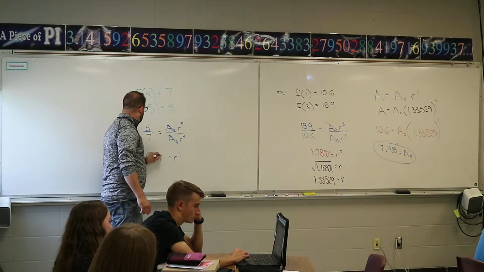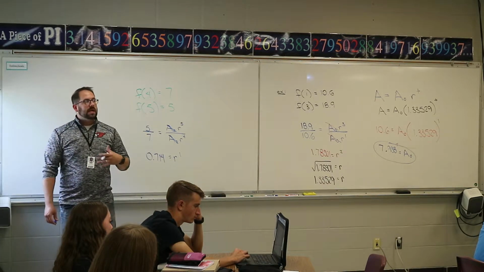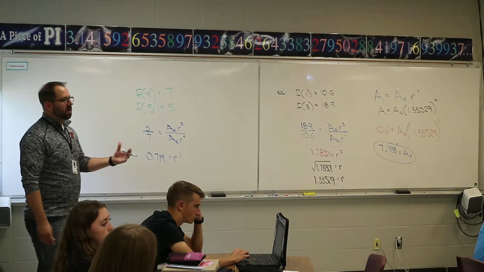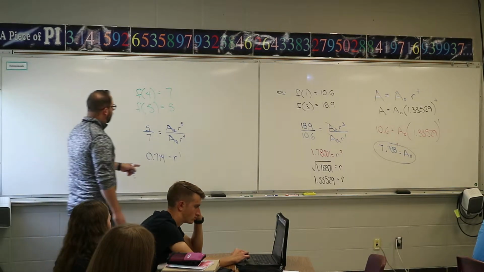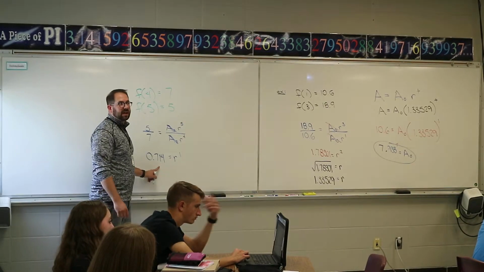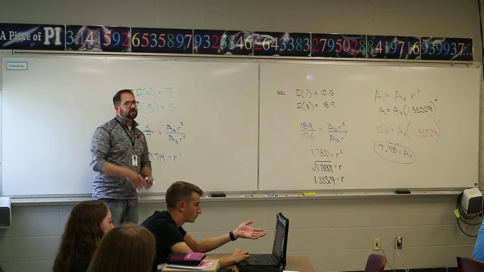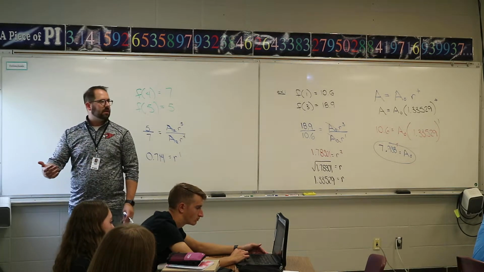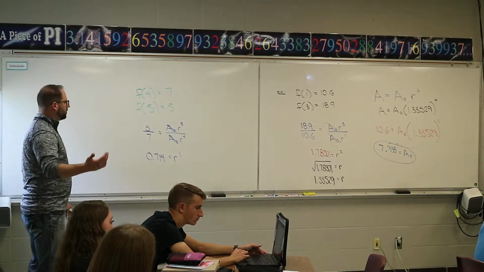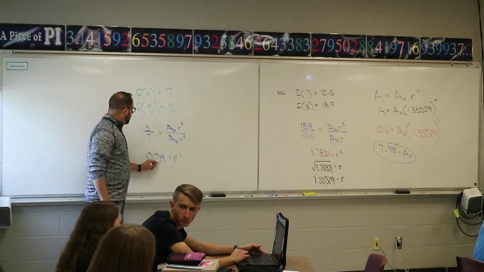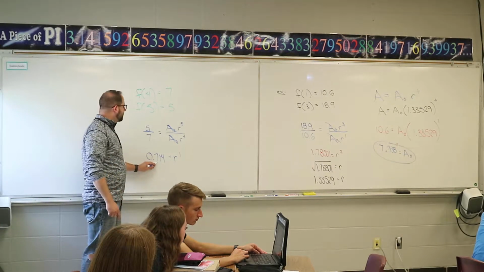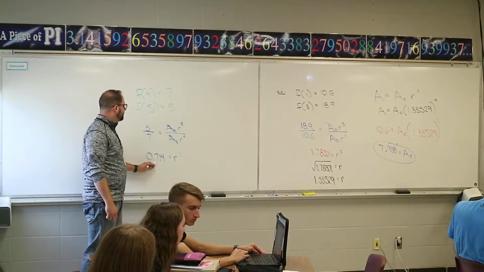Okay, now, do we need to take a square root or a cube root or any weird stuff? No, because I have an r to the first, that's my r. It is definitely decreasing. In fact, I'm decreasing by almost 29%, because 29 will take me back to 100. So I'm decreasing by quite a bit here on this decay rate.